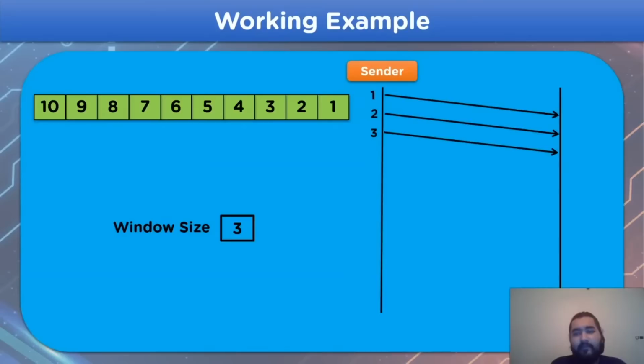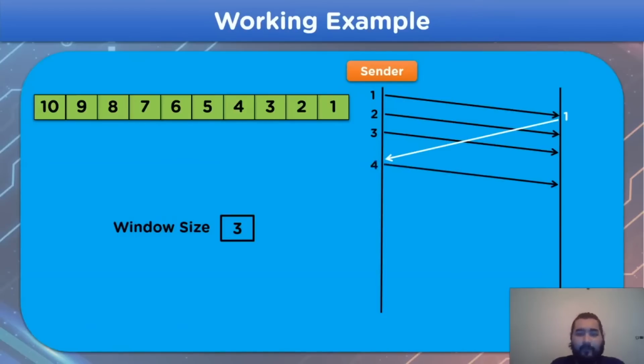After sending the frames, we'll wait for the receiver side to send the acknowledgement. And a sliding window will appear on frame number 1, 2, and 3. Now the receiver side will send the acknowledgement for frame 1 to the sender side. And using this, we can send frame number 4 from the sender side to the receiver side.